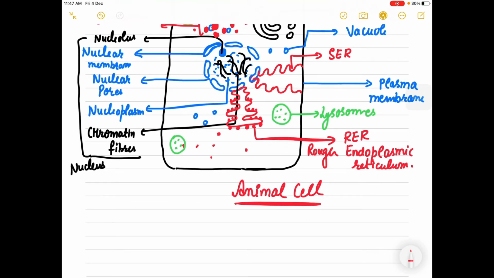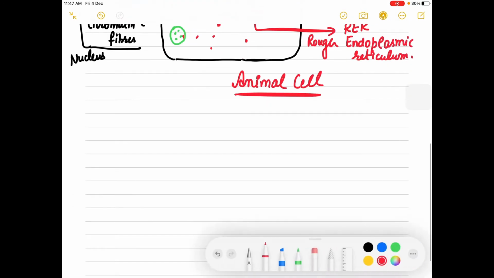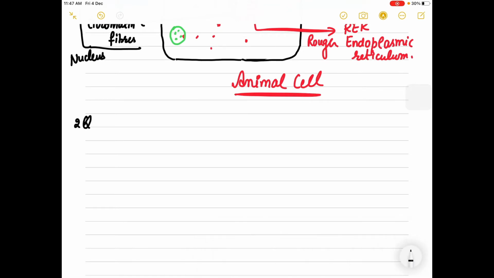Now another structure which we have to talk about in today's lecture is the internal structure of the chloroplast.